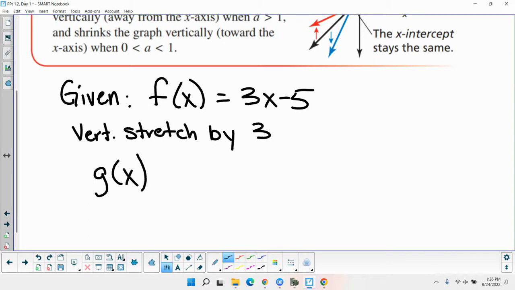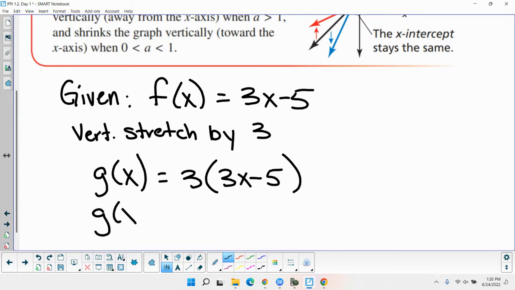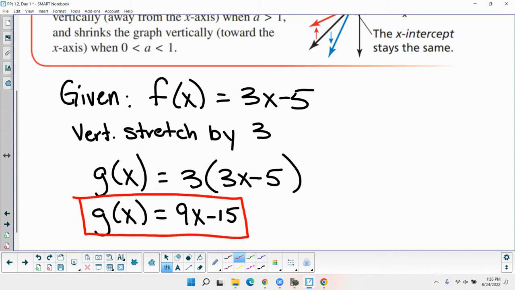Again, when we go vertically up and down, we're taking care of the y, so we're doing it to the whole thing. So we're going to go 3 times the whole thing. And we can simplify that by distributing. So that would be our g function when we vertically stretched it by 3. Make it longer so it gets skinnier, right?